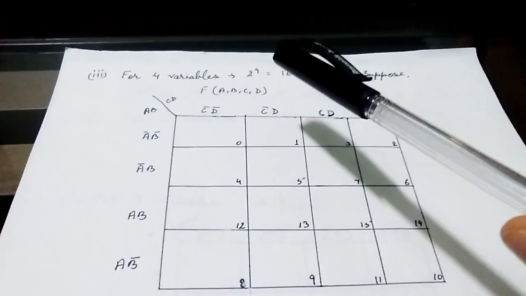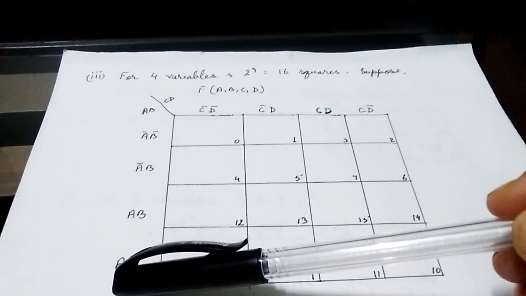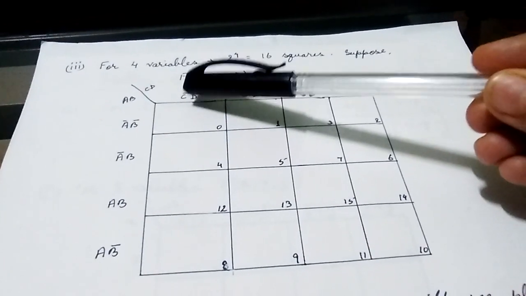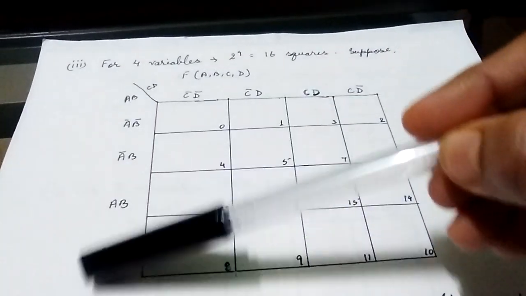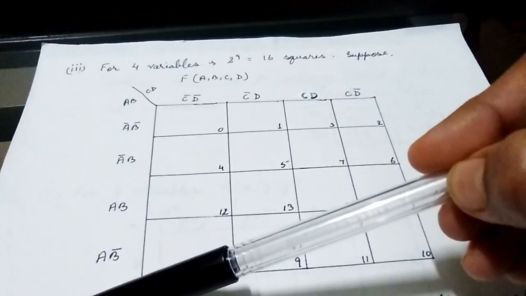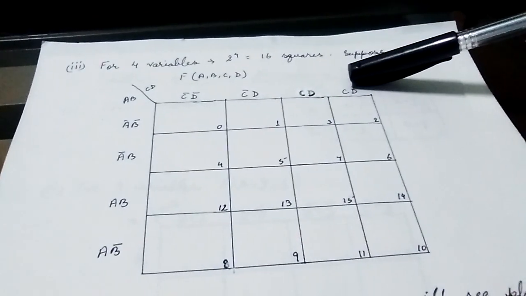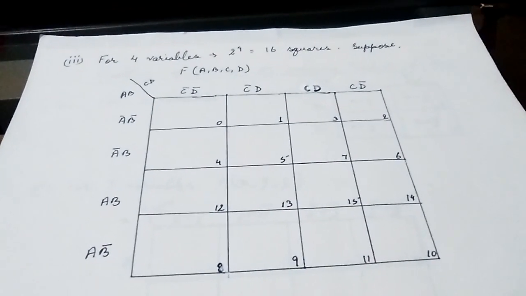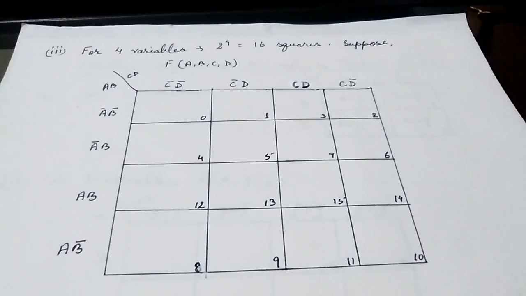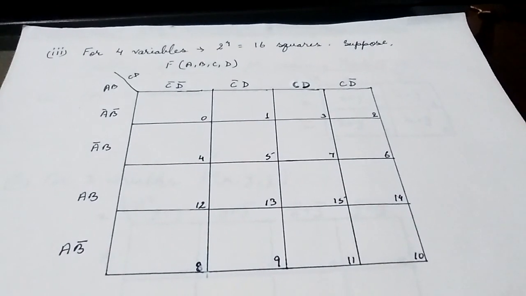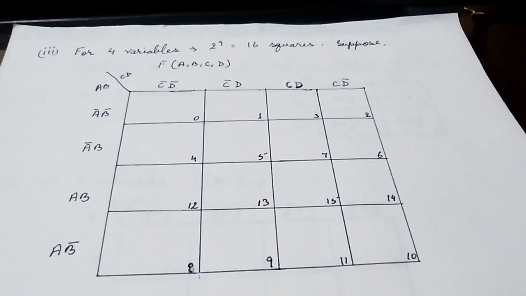Then we divide A, B, C, D into two halves. So the A, B min-term combination comes here and the C, D min-term combination comes here. Whatever combination of A, B we derive here will be the same combination for C, D also. And the trick is the same. If we remember, okay. If we don't remember, then we will go with the first cell and write the 0 designation. So A bar, B bar, C bar, D bar.